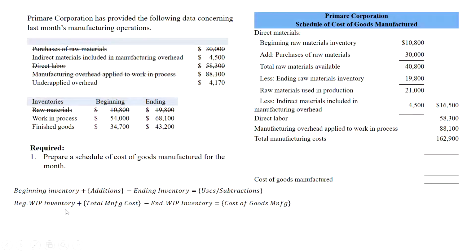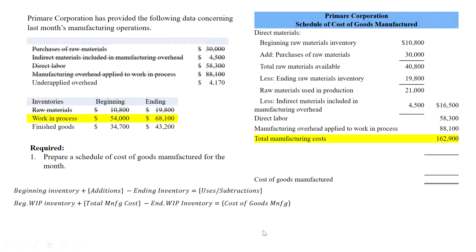So beginning work in process, the additions become what labor, overhead, and raw material did I add to incomplete units? Well, that's the same thing as total manufacturing costs, and I already solved for that. Ending inventory becomes ending work in process inventory. And the uses or subtractions is called cost of goods manufactured. So here's all the costs that I added into units that I actually finished. And that's going to be the end number for my schedule.